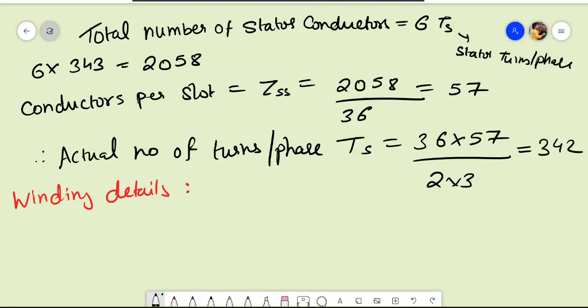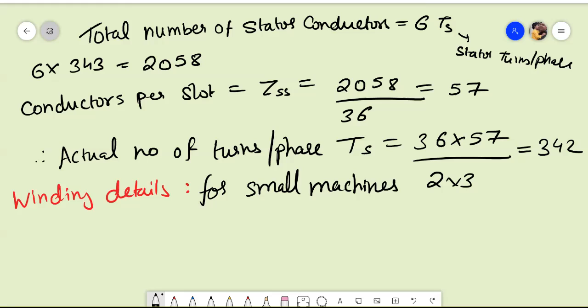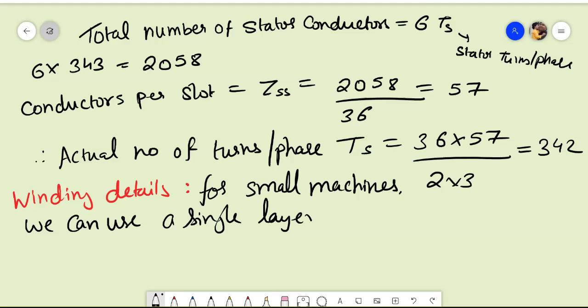Okay. So for small machines like this, we can use a single layer mush winding placed in semi-enclosed slots.